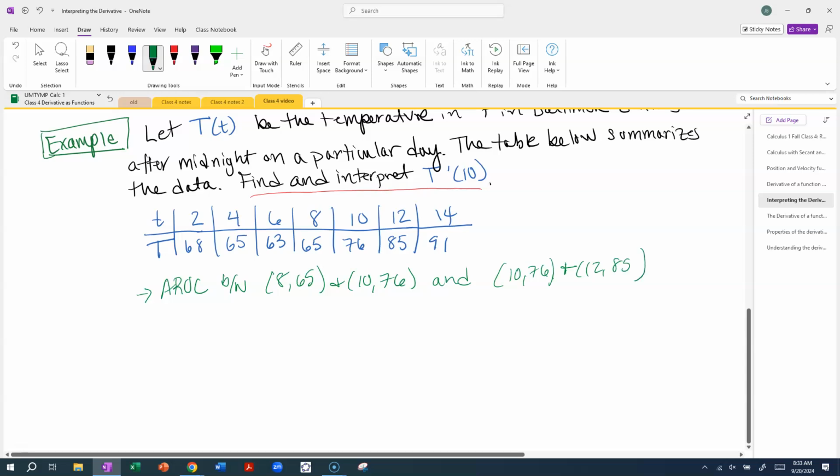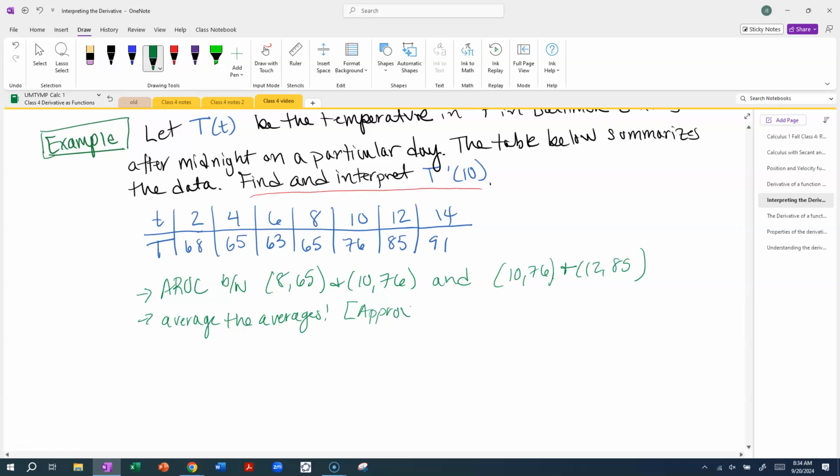And then, it's kind of weird, but we could average the averages. Then just note that this is going to be an approximation.